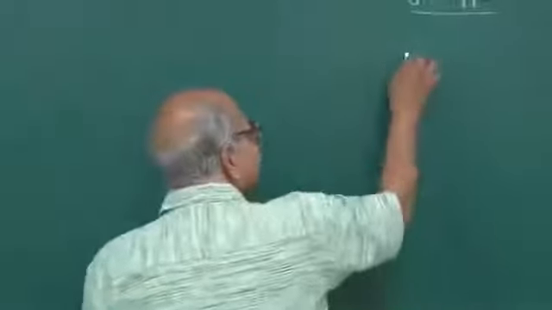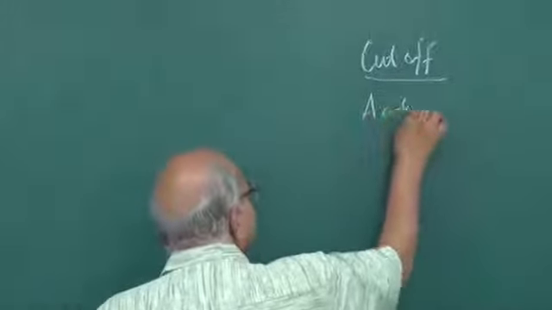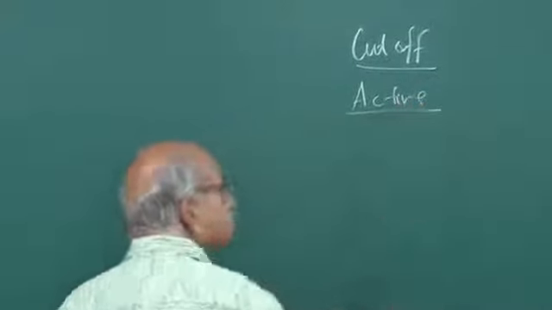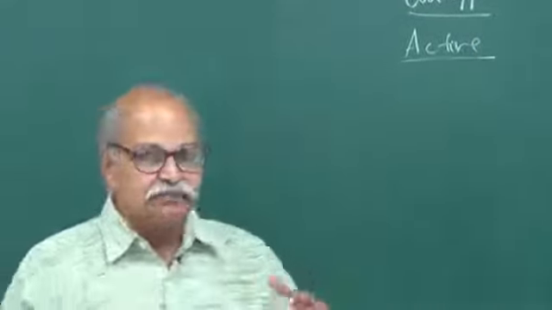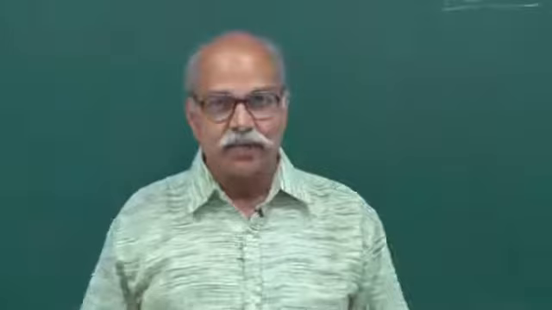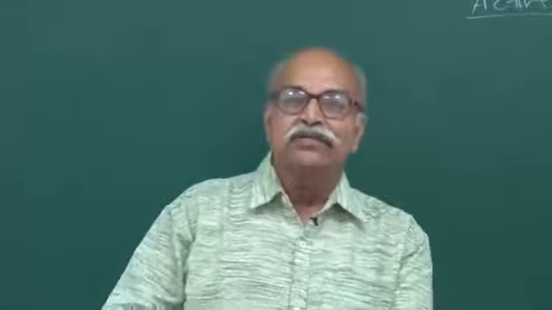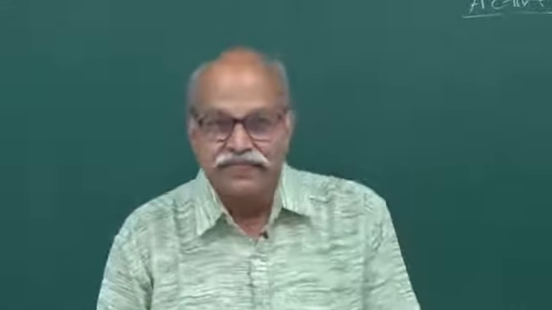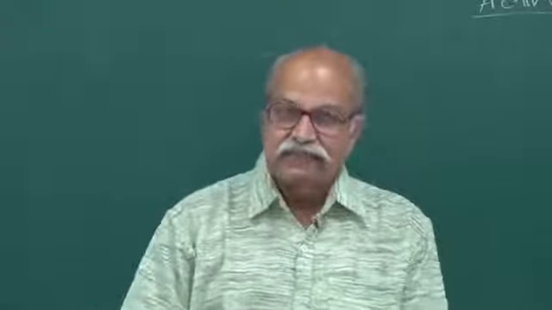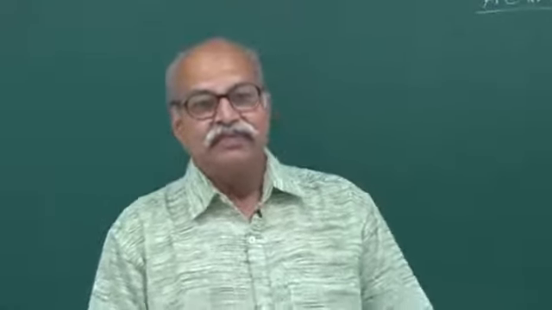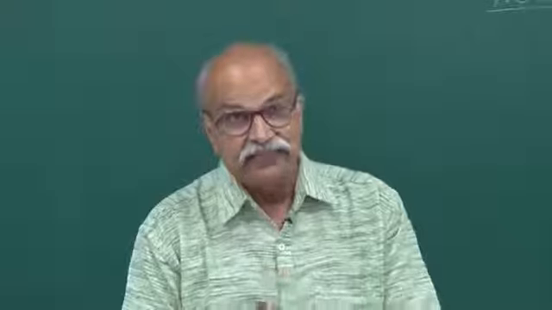Then we have active region, and active region means the collector base junction is prepared, is ready, is strong enough to draw electrons from this base which are injected by the emitter. It is sufficiently reversed bias.